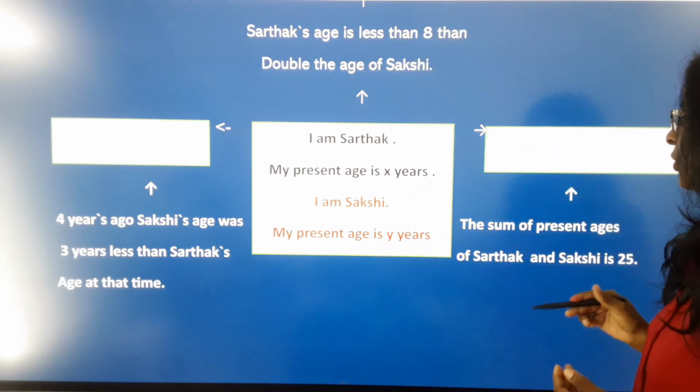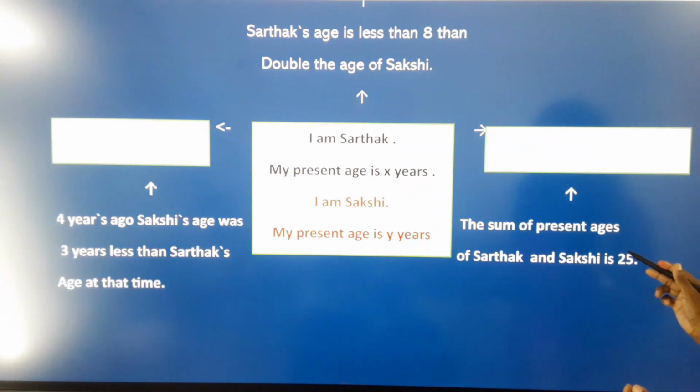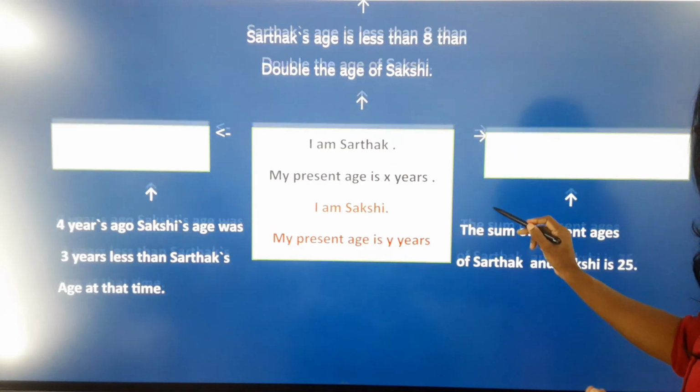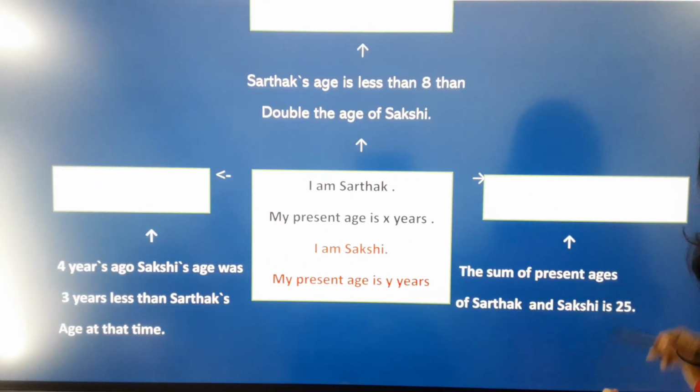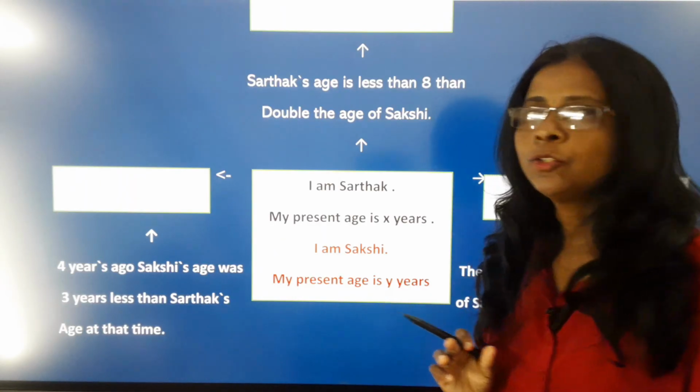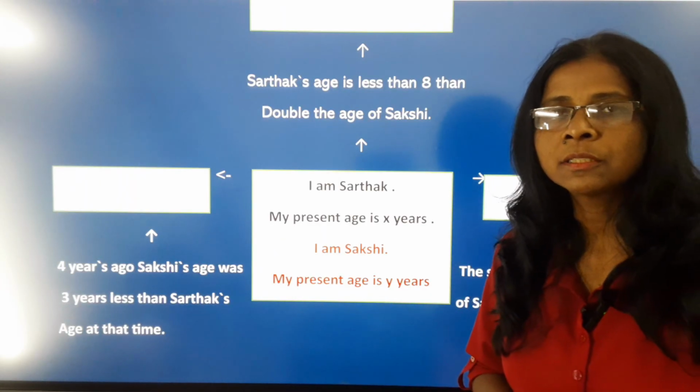And the third condition is that the sum of present ages of Sarthak and Sakshi is 25. So now let us start to solve these equations.